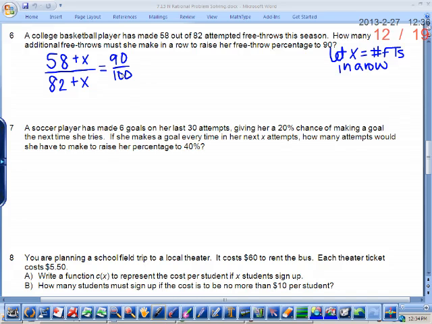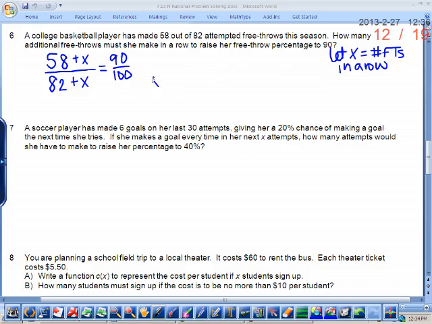When you get your answer, make sure you turn it into a sentence. Don't just leave it as a value. Okay, well, we assigned our variable as x.